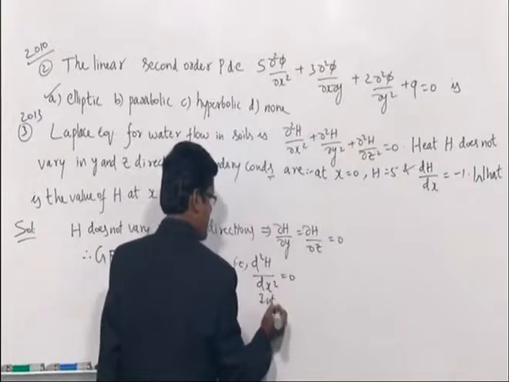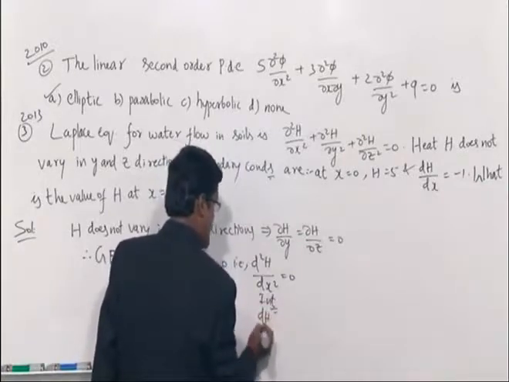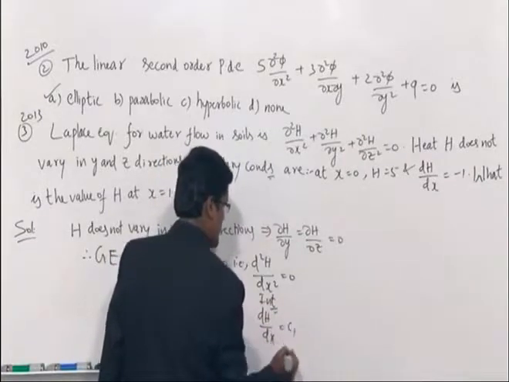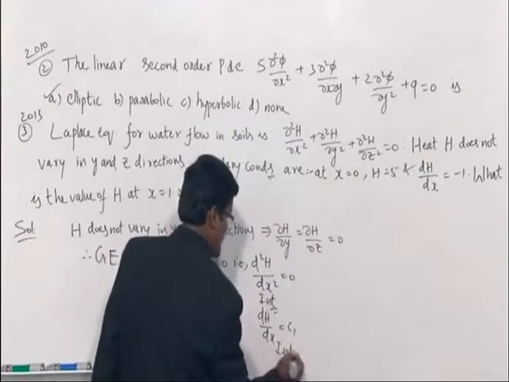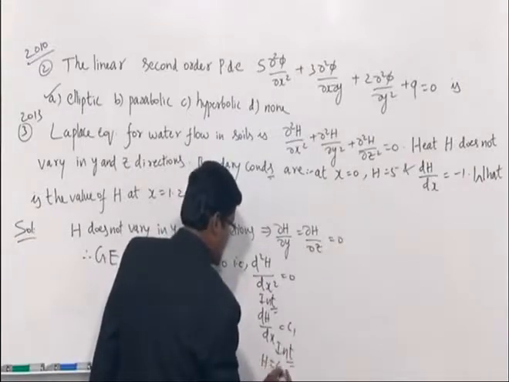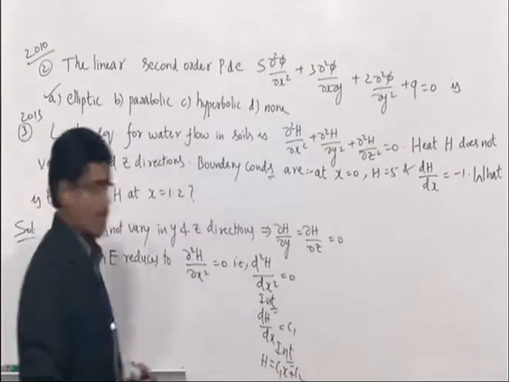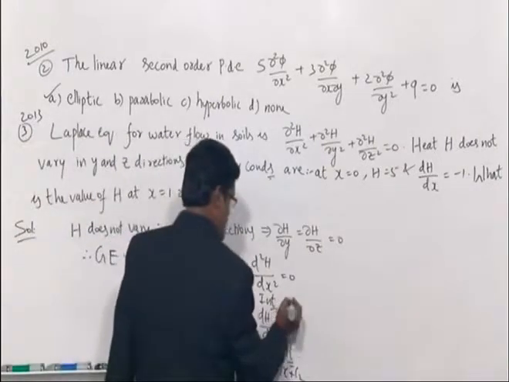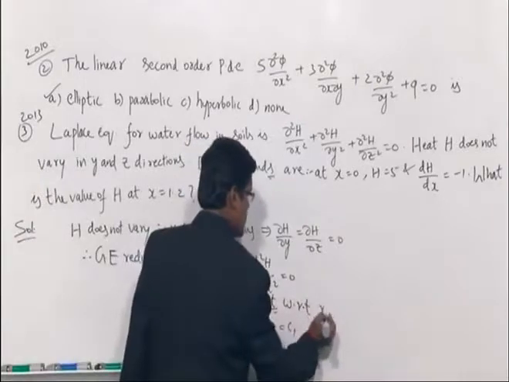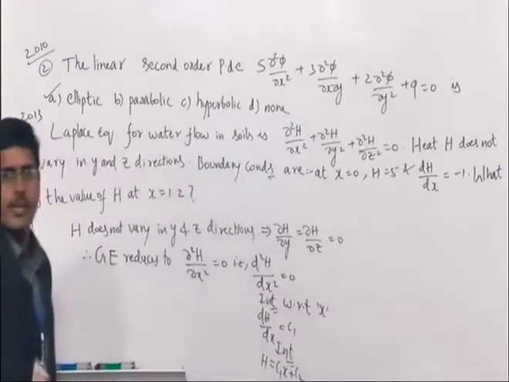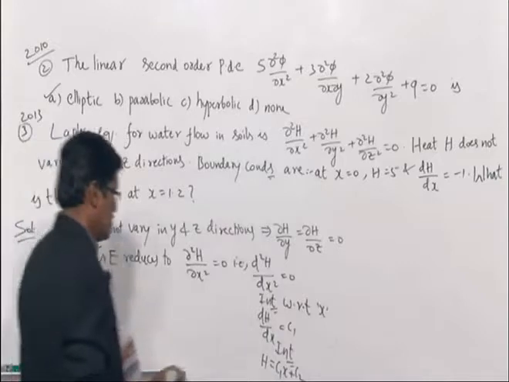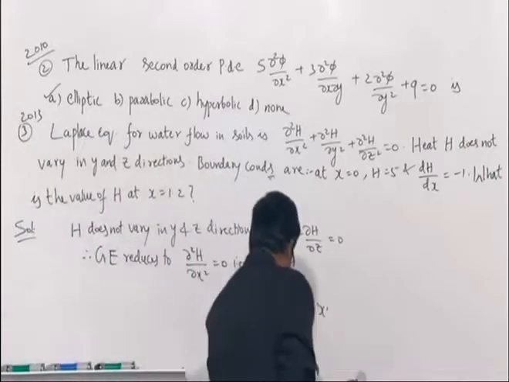Integrating, dh by dx equals some c1, again integrating, h is equal to c1 x plus c2. We are integrating only with respect to x, because there is only one variable.